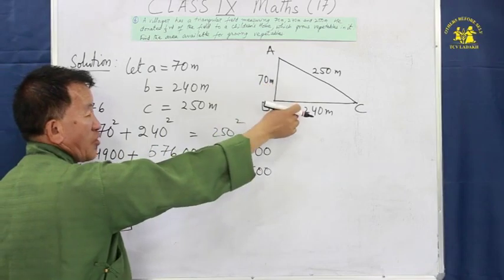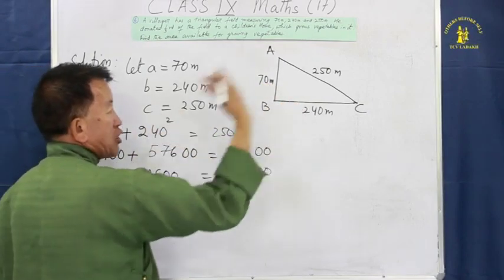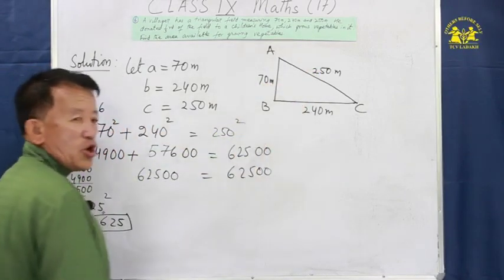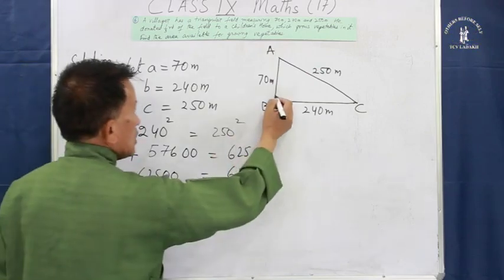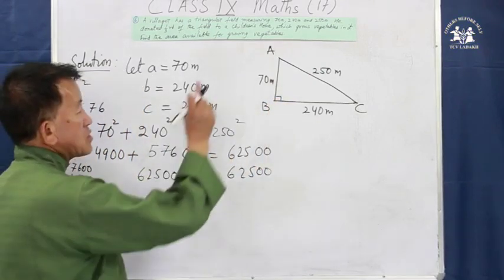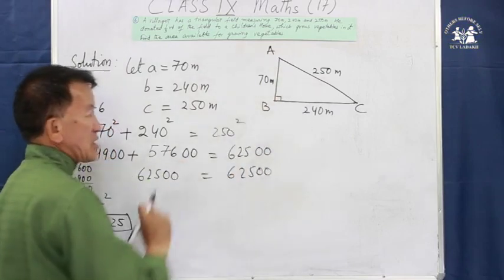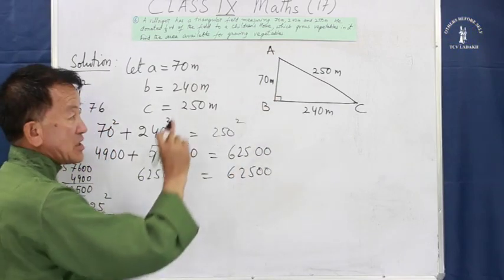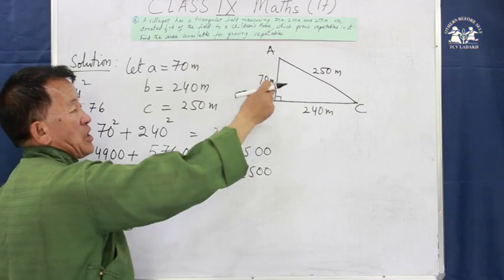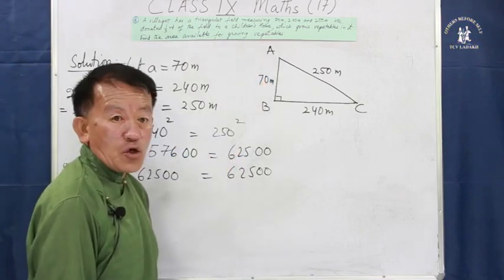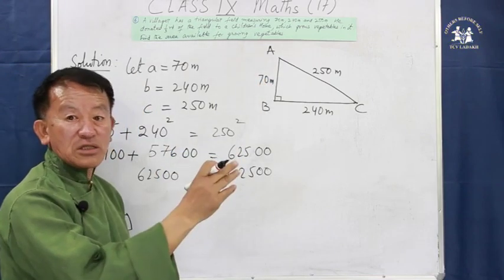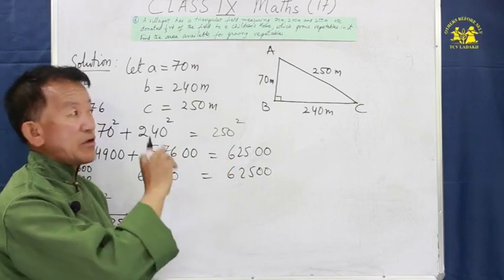So the sum of the squares of the two smaller sides is equal to the square of the longest side. From that we can conclude triangle ABC is a right angle triangle because it satisfies the Pythagoras theorem, that is, the square of the hypotenuse is equal to the sum of the squares of the other two sides.